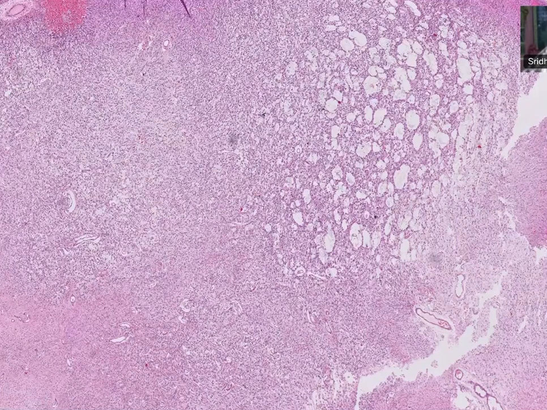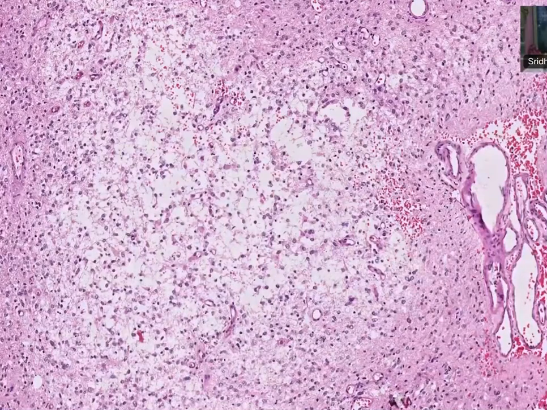So anything else you want to say? Maybe in the next one. So you can see the fibrillary background and typical astrocytic morphology. Not that way. What is astrocytic morphology?